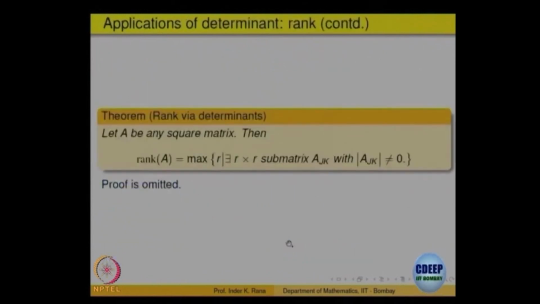So, here is another theorem which we will not prove, namely that the rank is also related to the determinant. You are given an n cross n matrix. You can form submatrices of lower order. Either the determinant of the whole matrix is not equal to 0, which means the matrix is invertible and the rank is full, or the determinant is 0, so the matrix is not invertible.